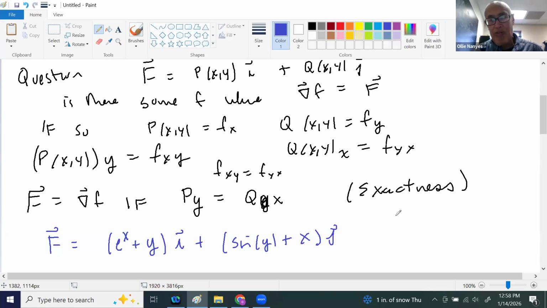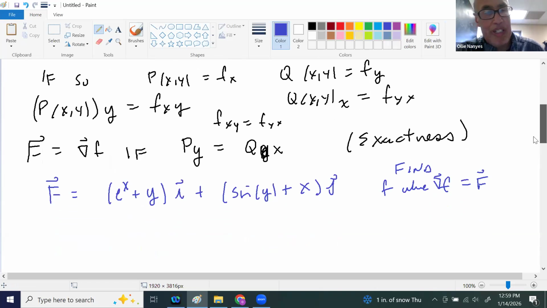And you want to find f where the gradient of f is big F. That is sometimes called solving a differential equation.